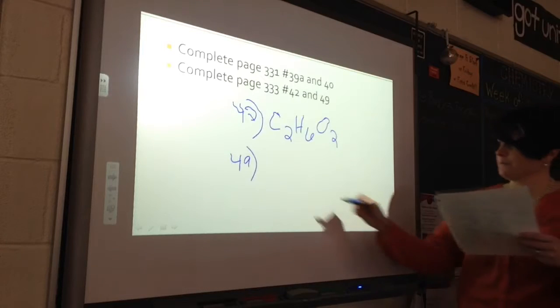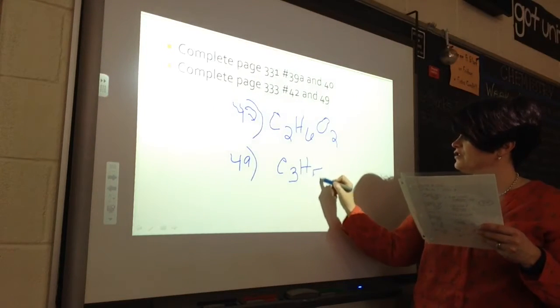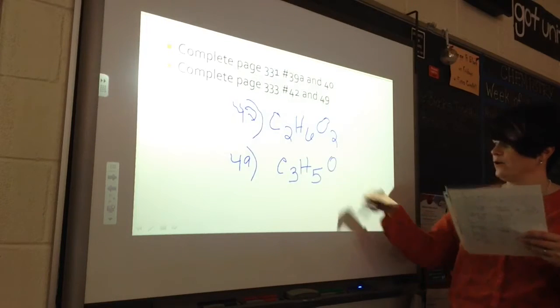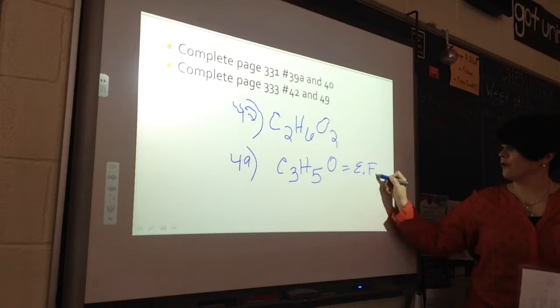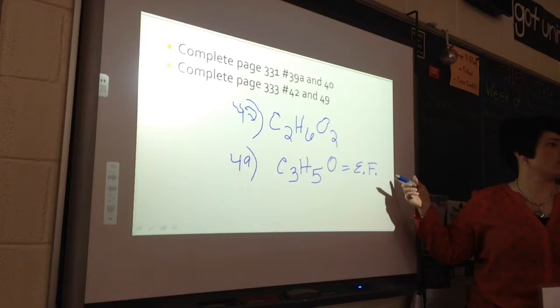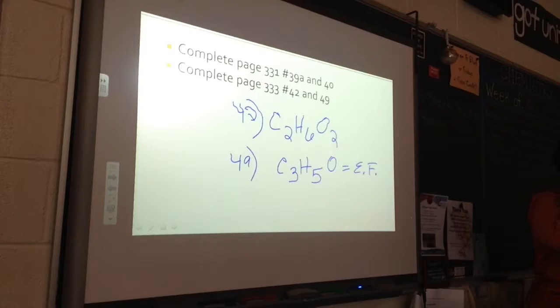Yes? C3H5O1, which of course we don't write the 1. This is the empirical formula. This was your first answer that you were supposed to have. Okay? Then they tell you that the molar mass is 102.